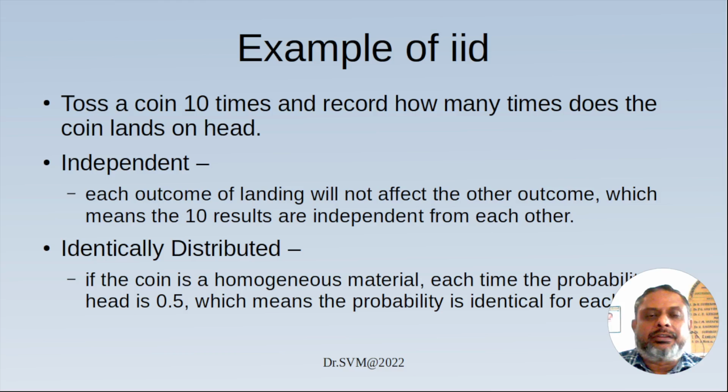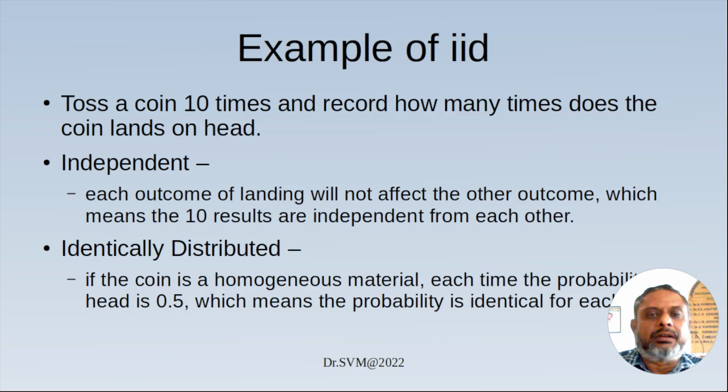We say this experiment is independent because each outcome will not affect the other outcomes. If we get a head first, you can't claim that the next should be head or tail. So all 10 results are independent of one another.